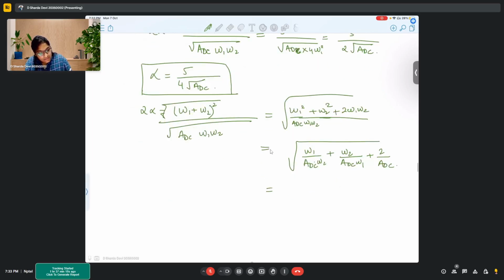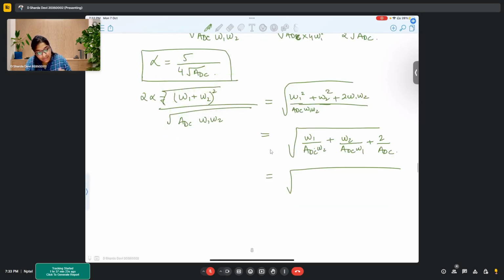Now here we know that omega 1 omega 2 are related because omega 2 is 4 times omega 1. So we substitute and we get simply 1 by 4 ADC plus 4 by ADC plus 4 by ADC.